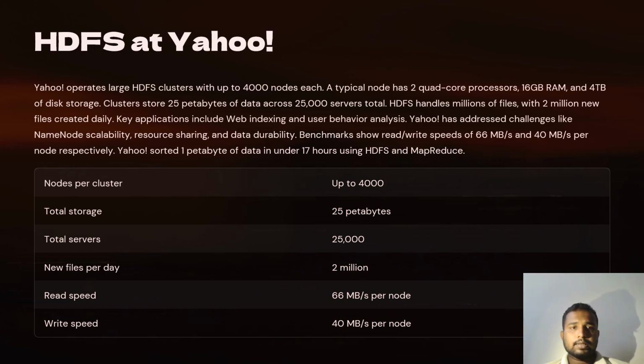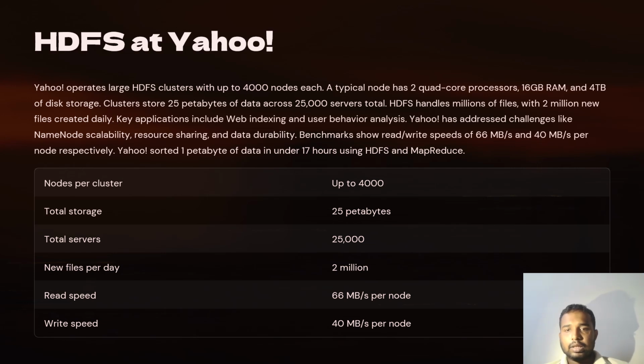Hadoop Distributed File System at Yahoo. Yahoo operates large Hadoop Distributed File System clusters with up to 4,000 nodes each. A typical node has two quad-core processors, 16 GB RAM and 4 TB of disk storage. Clusters store 25 petabytes of data across 25,000 servers.